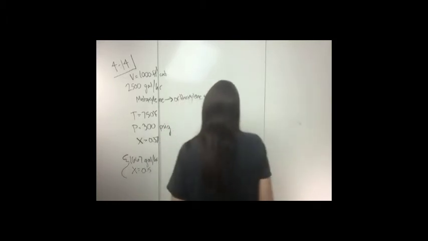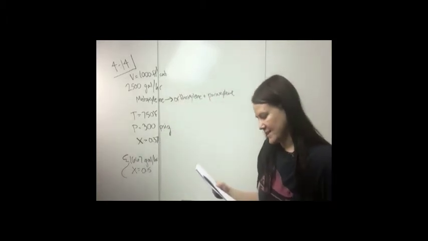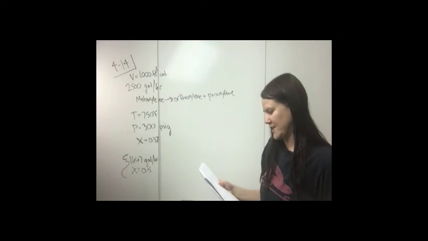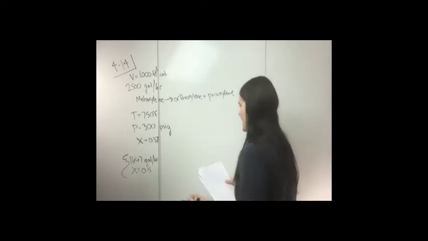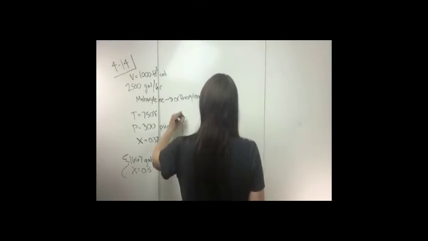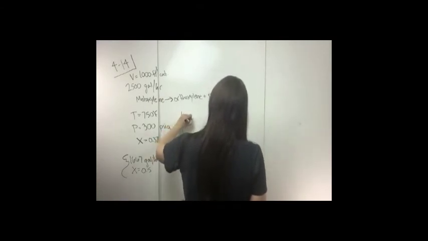Then the question says a second plant is proposed that needs to process 5,500 gallons per hour of metaxylene at the same temperature and pressure.